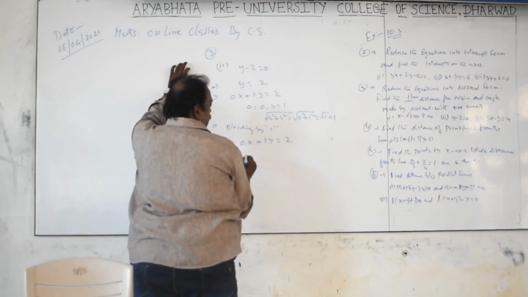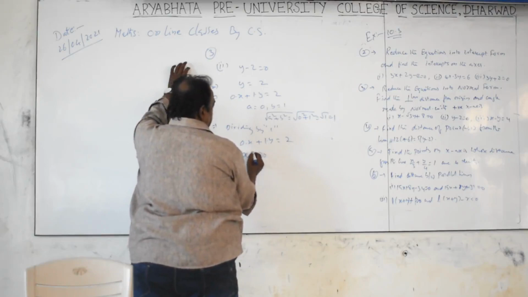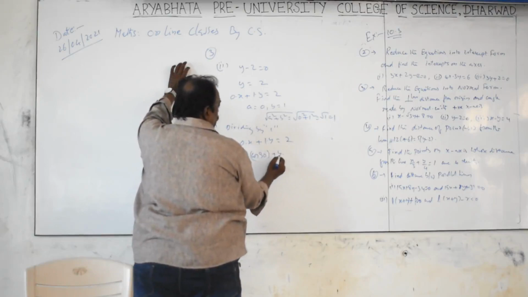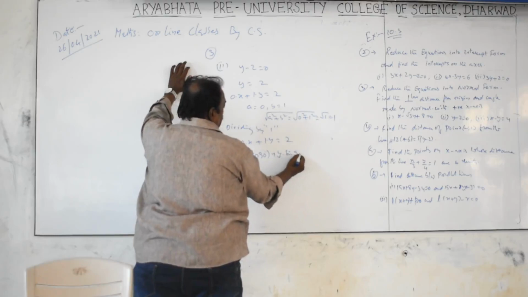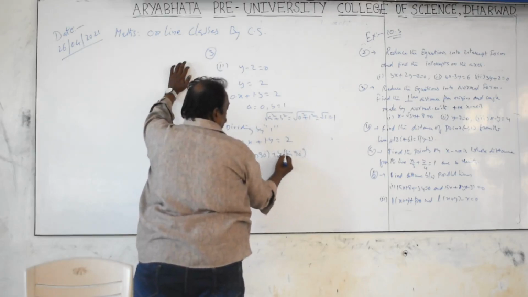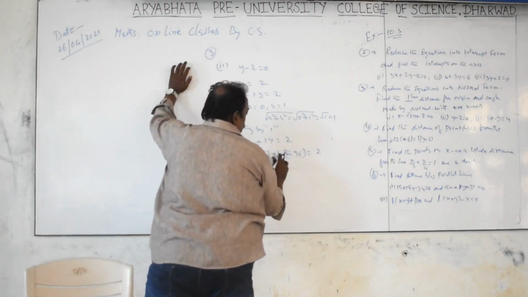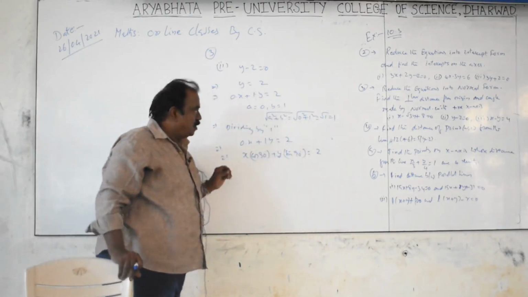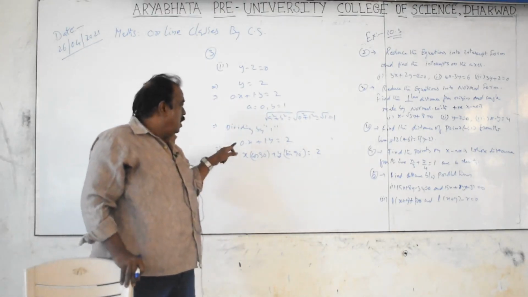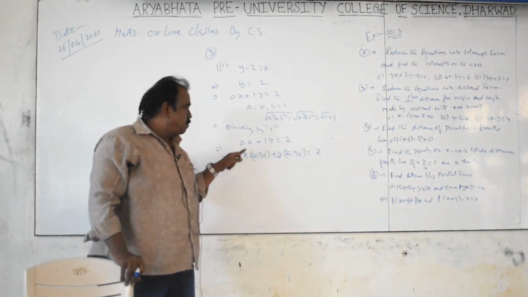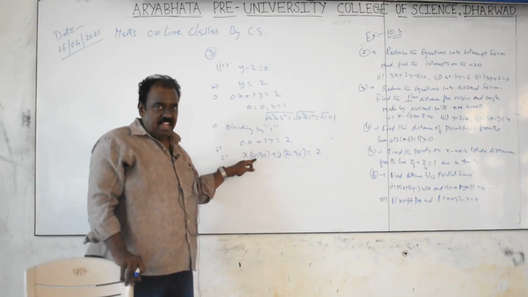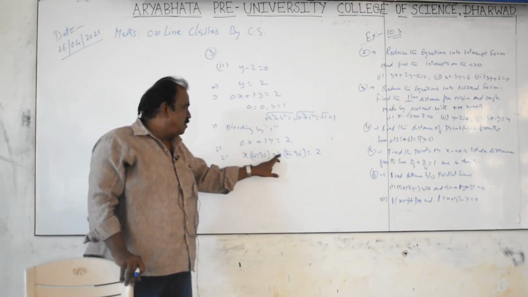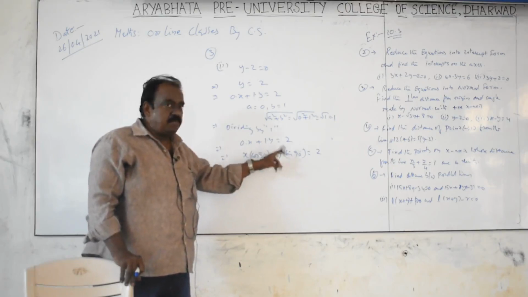That is x into 0, which is cos 90, y into 1, which is sin 90, is equal to 2 only. We have to write here also, try to understand it. This 0 is in terms of cos 90, since cos 90 is 0, and we have to mention the same angle 90, but in terms of sin.